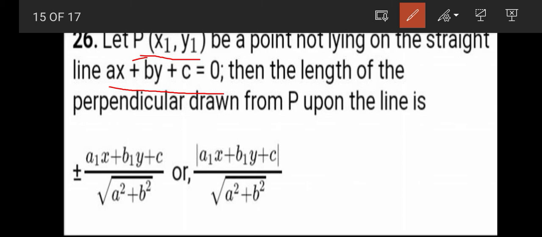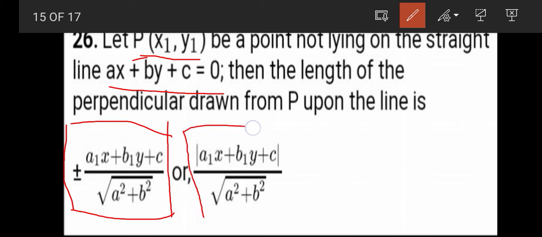Then the length of the perpendicular drawn from P upon the line is given by this formula: ±(ax1 + by1 + c)/√(a² + b²). Since there is a plus minus, it means there must be a mod.